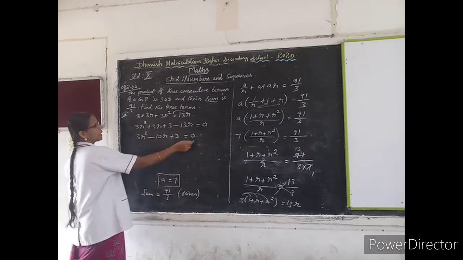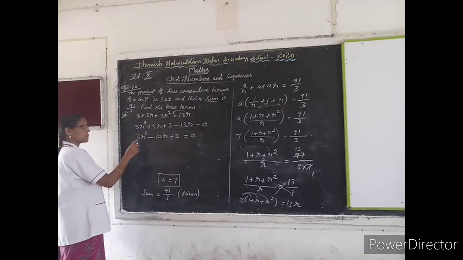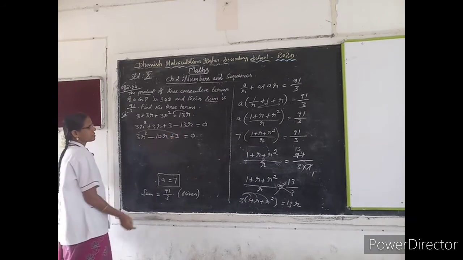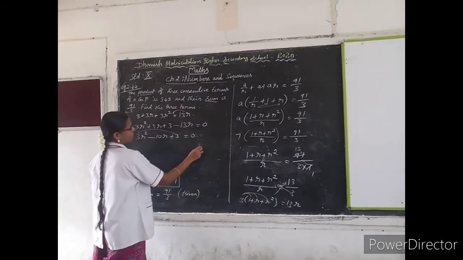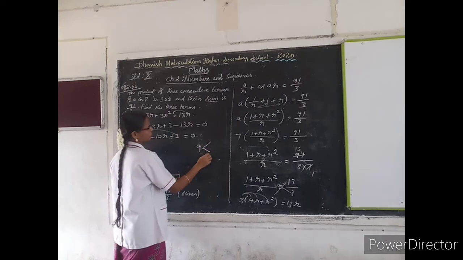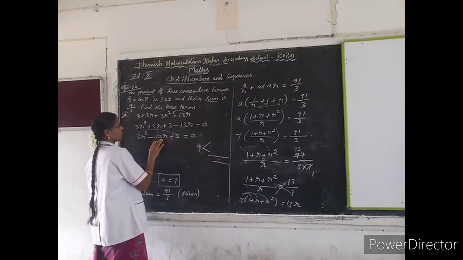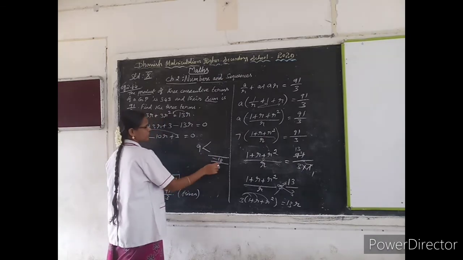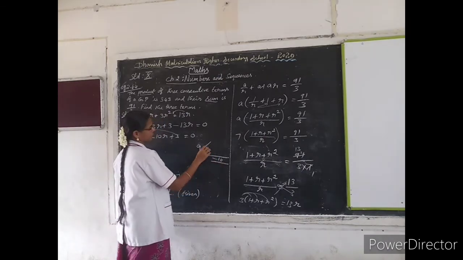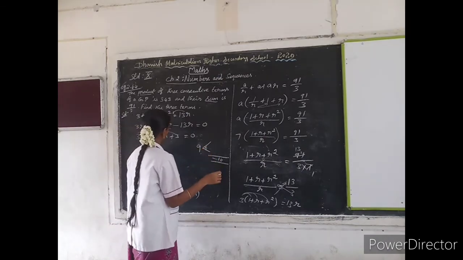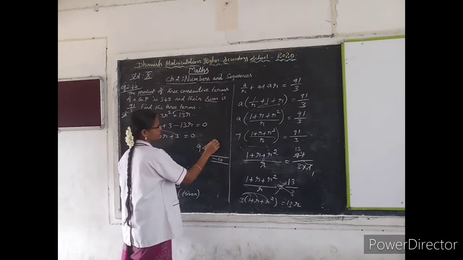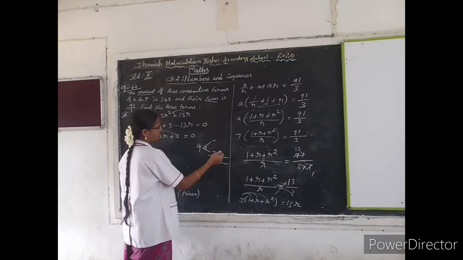Now it is a quadratic equation in terms of r. So factorize: 3 into 3 is 9. Here the coefficient of r is minus 10. This is the product term, this is the sum of two terms. So this number plus this number is minus, which means both the factors are in minus.